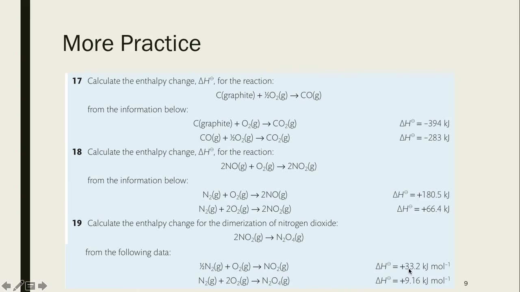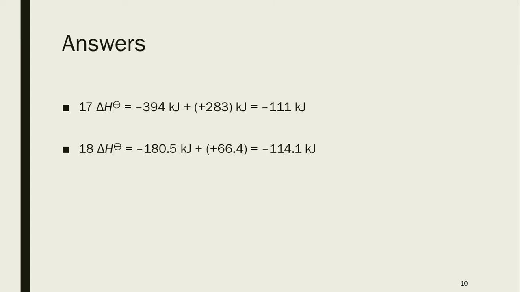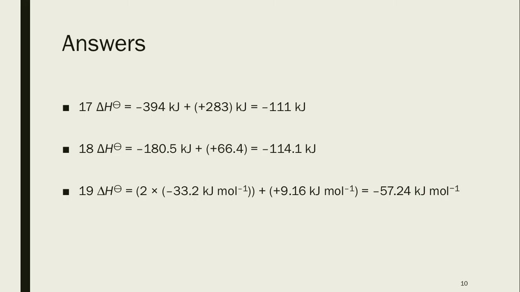So it's going to be negative 33.2 times 2 after I flip the equation and multiply by 2. When I do that, I also make it so that the nitrogen and oxygen molecules are equal on both sides and they cancel out. After those changes, you should get negative 57.24 kilojoules per mole.